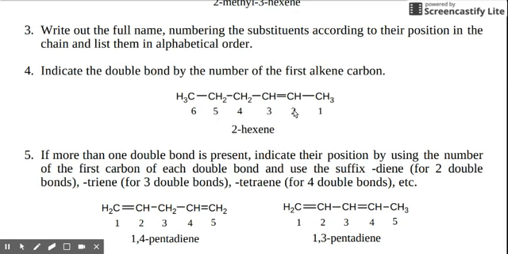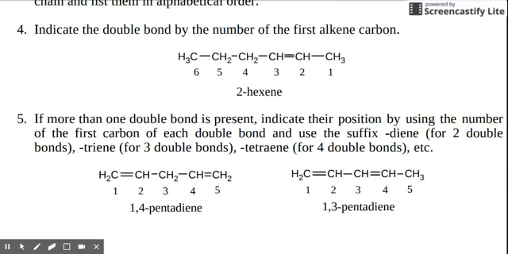And lastly, for step number 5, if more than one double bond is present, indicate their position by using the number of the first carbon of each double bond, and use the suffix diene for 2 double bonds, triene for 3 double bonds, tetraene for 4 double bonds, and of course, if it's 5, pentaene, then hexaene, heptaene, octaene, nonaene, and then decaene.